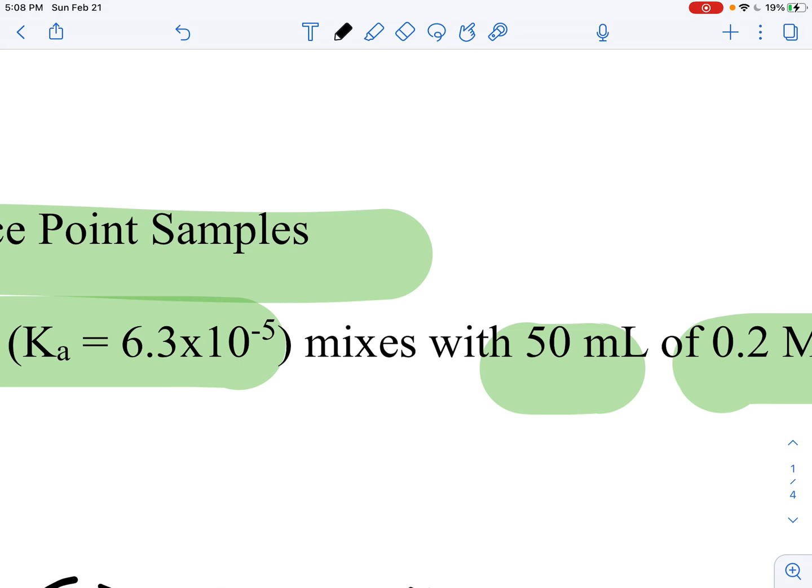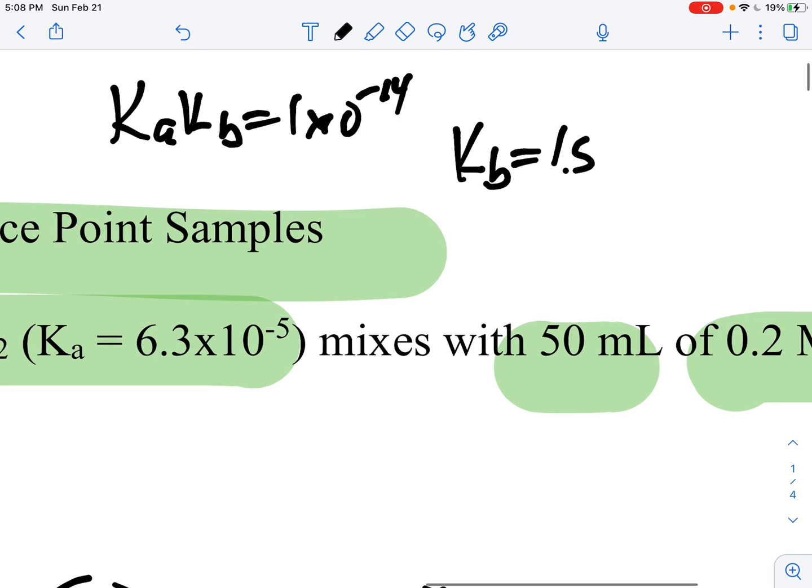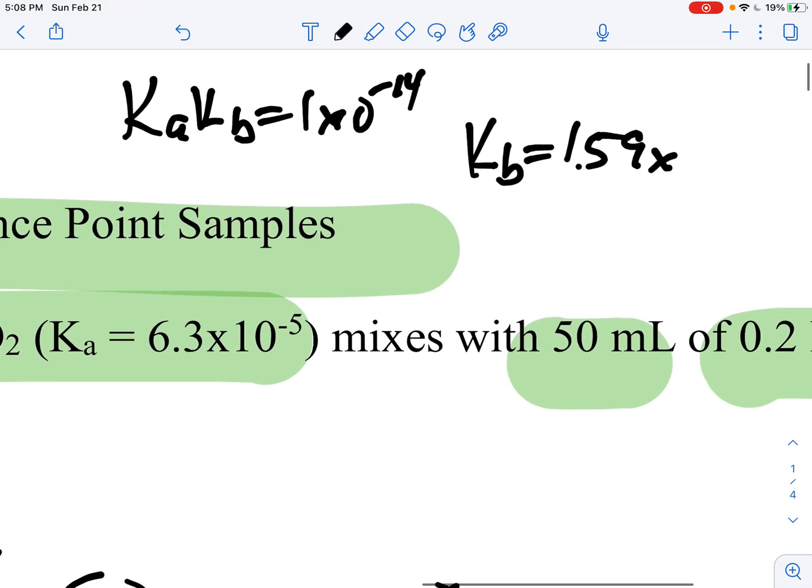But in giving us Ka, they give us Kb. So Ka times Kb is equal to 1 times 10 to the negative 14th. So we're just going to divide that out. 1 times 10 to the negative 14th divided by 6.3 times 10 to the negative 5th is going to get a Kb situation of 159 times 10 to the negative 10th.